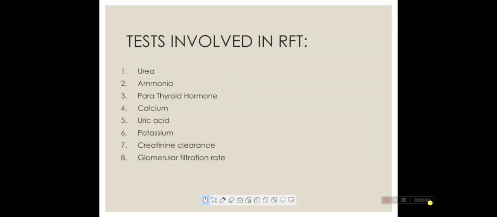We will be discussing all of these components in detail in today's session. First of all, before moving on to these tests, what are the indications for the assessment of kidney function tests? Why are these kidney function tests performed? What are the indications in which a doctor may prescribe a renal function test? The indications for the assessment of renal functions are varied and range from acute emergency to chronic settings.